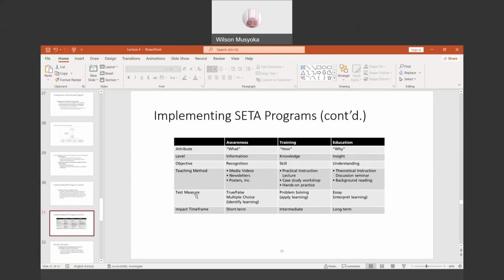How do you test that this SETA program is working? One, you can give an essay in terms of education, so that people can do a critique or a summary of what they have learned. In terms of training, you can apply what you have learned by solving a particular problem.